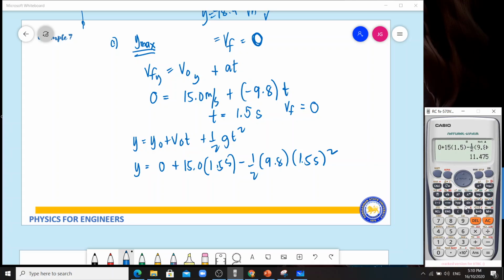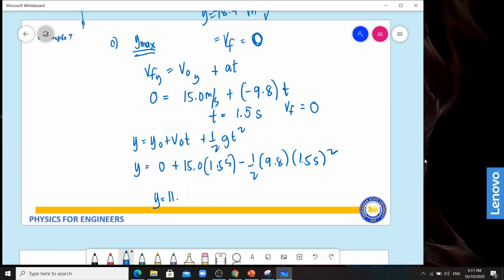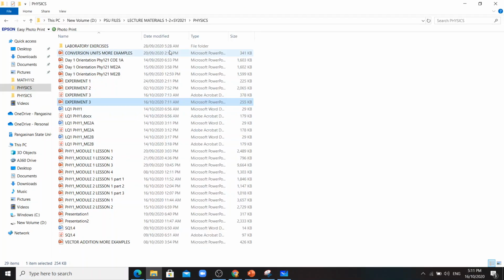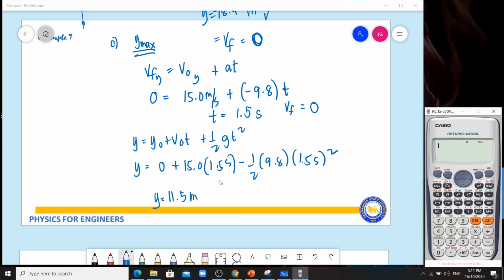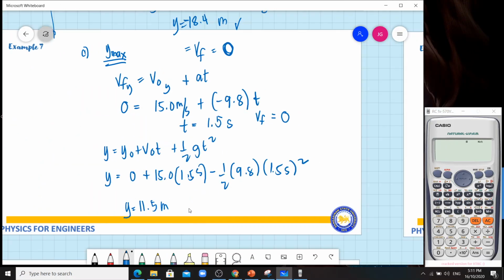Okay? So, ang maximum niya pala is 11 point. Tingnan natin significant figure. Multiply, so dapat dalawa. So, 11.5 meters. Okay, namatay si Calcu. Bumigay na agad. Okay. So, ang maximum niya is 11.5 meters.